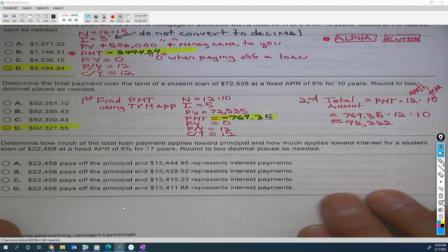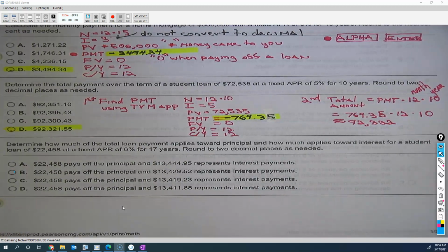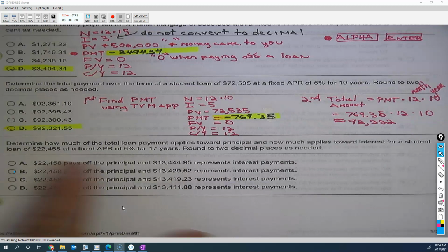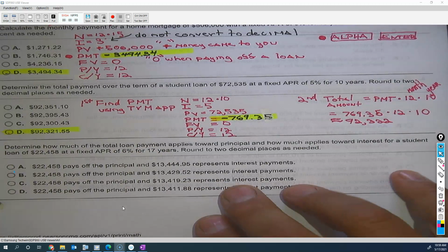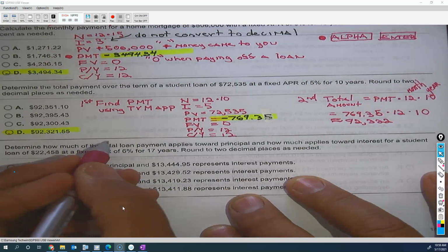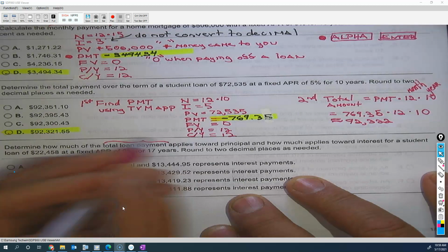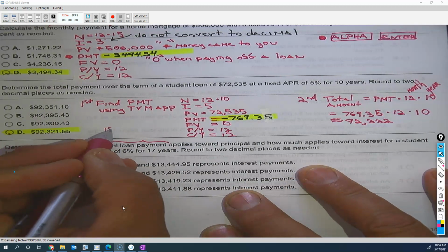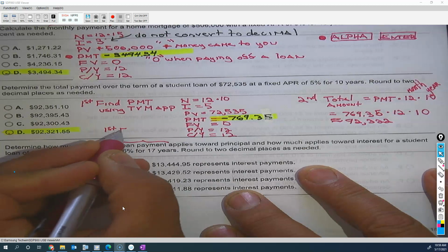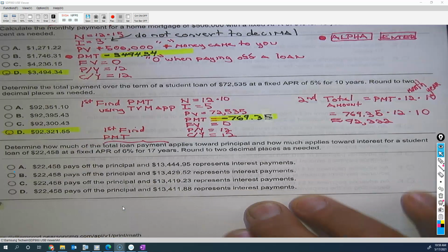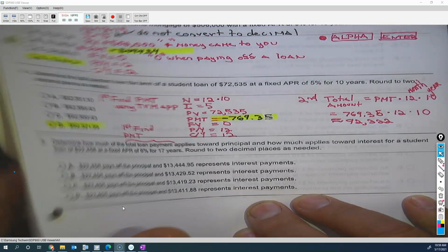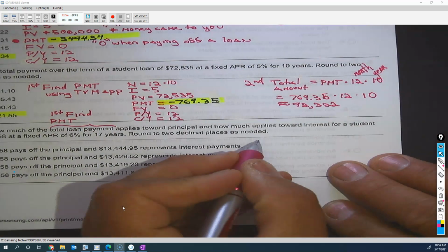All right. So this one says determine how much of the total loan payment applies to the principal and how much applies to interest of a loan. Okay, so this one you've got to figure out the total loan payment. So you have to first find the PMT. Okay, so let's see.